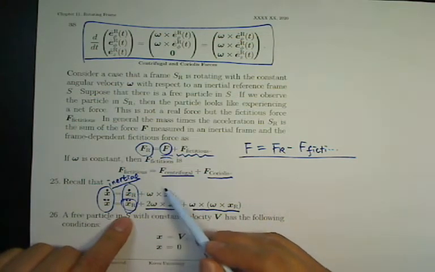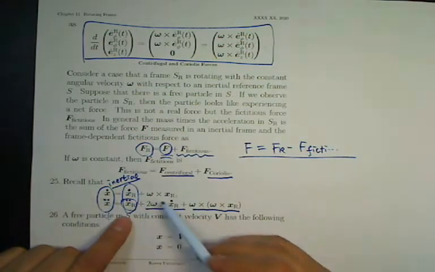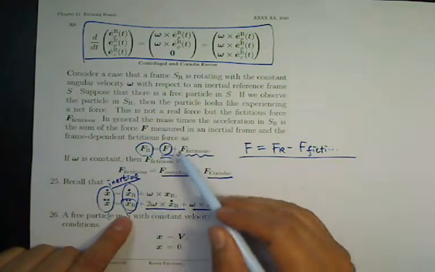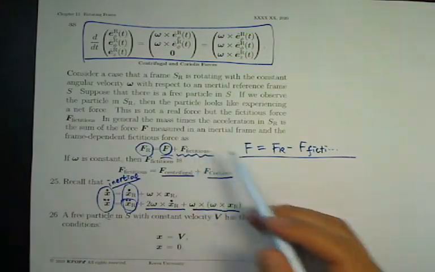If I move these remaining pieces to the left-hand side, the negative value of these will be related to the fictitious force.